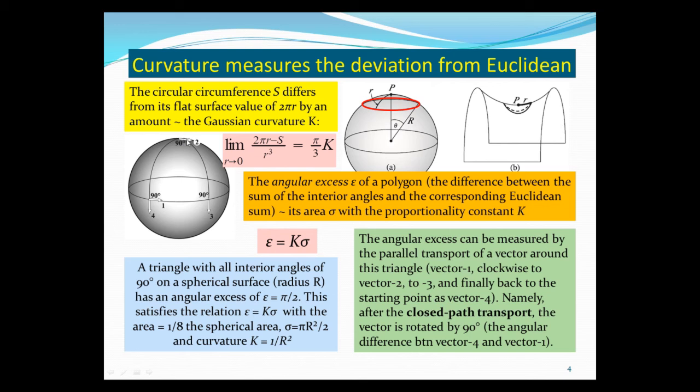Then I parallel transport along the second side of the triangle to become vector 3. Then I parallel transport back to the original position. You notice this vector changed direction; I rotated by 90 degrees, and that's related to the angular excess. So one way to measure the angular excess is by parallel transporting a vector over a closed path, in this case a triangle. Of course, a more complicated polygon can always be divided into triangles.